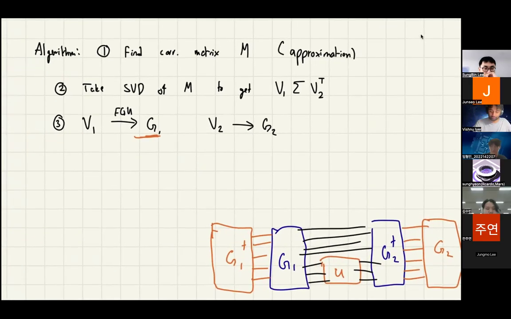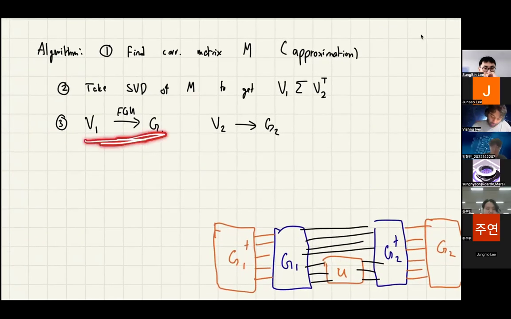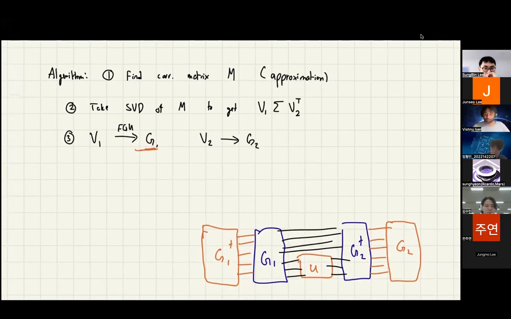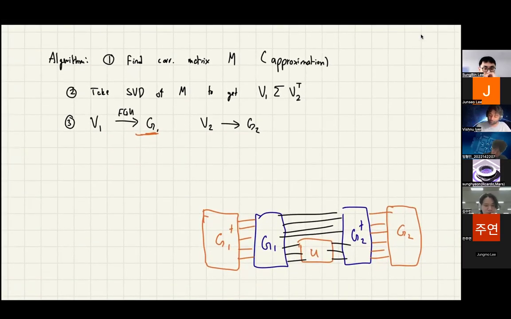You use the SVD to find G1, and you use it to find G2. And then we're going to apply G1 dagger on the left. Folks, what is G1 dagger times G1? What happens here? Cancels to identity. Yes, exactly. We cancel. This cancels. So tell me, what happens to G2 dagger and G2? Identity, exactly.